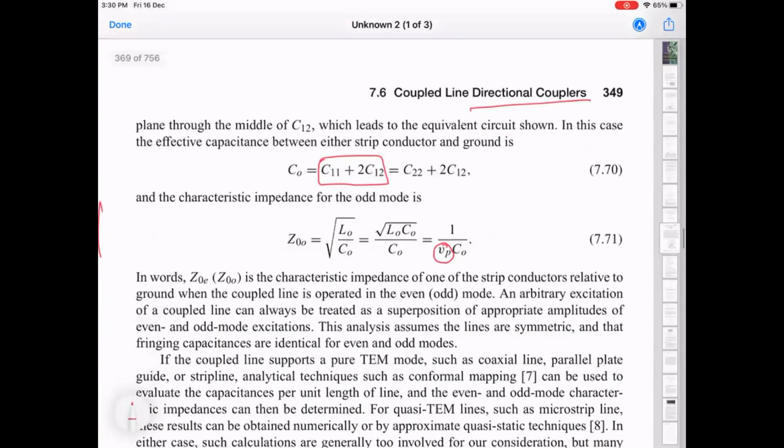The odd mode impedance is related to C11 plus 2C12, but C12 is now 0, which means the odd mode impedance is also C11 or C22. So even and odd mode impedances are the same and equal to Z0 itself. Okay. So now if you start bringing them closer and C12 starts to grow, what will happen to the odd mode impedance?